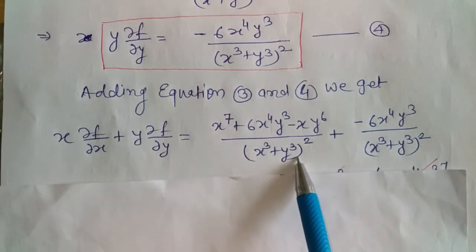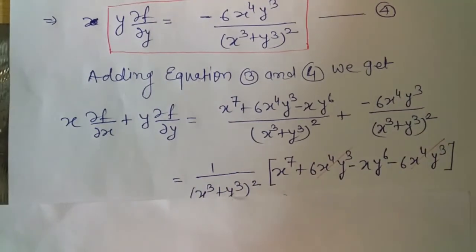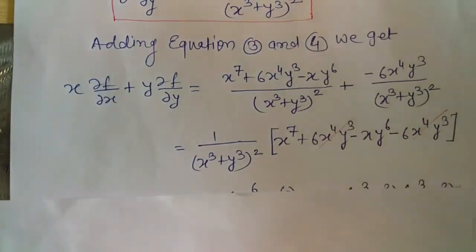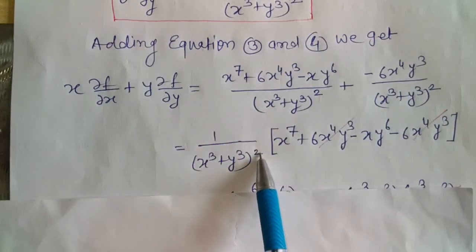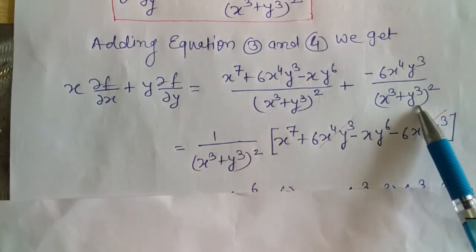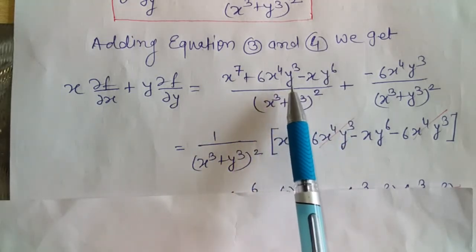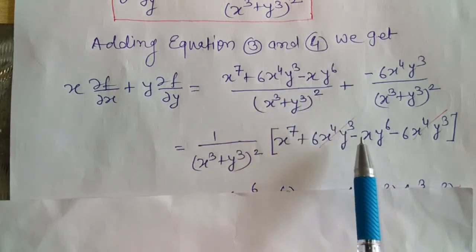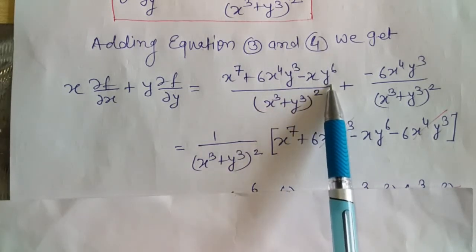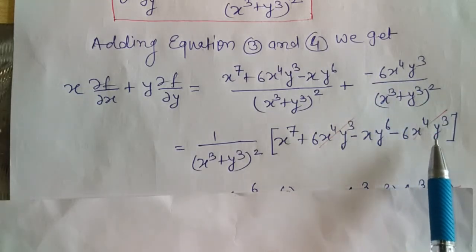Now x cube plus y cube whole square is the LCM, so we can say 1 upon x cube plus y cube whole square is common. Then in the numerator we have x power 7 plus 6 x power 4 y cube minus x into y power 6 minus 6 x power 4 y cube.